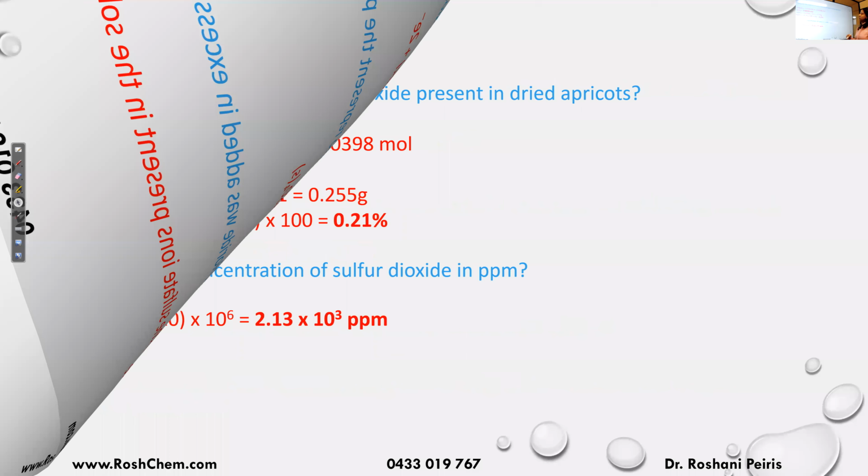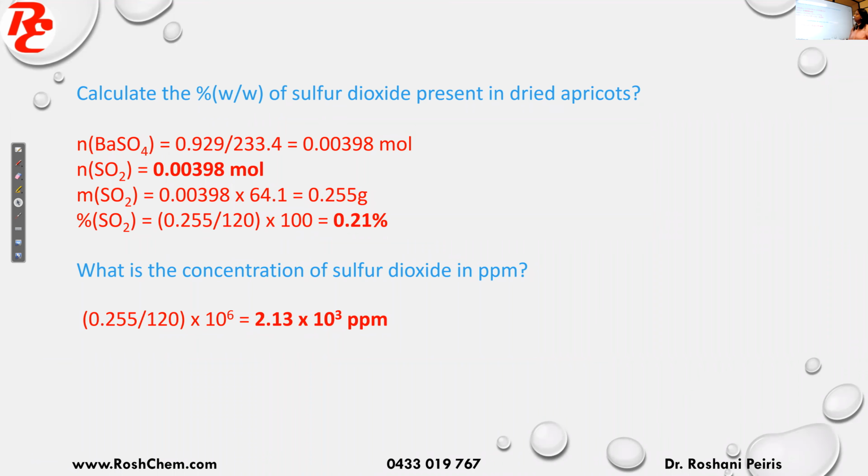Okay, calculate the percentage W to W, so weight to weight percentage, of sulfur dioxide present in dried apricots. The first step is to find the moles of barium sulfate, which was your precipitate. The mass of the precipitate was given, divide by the molar mass, so you can get the moles of the precipitate. Then what is the molar ratio? Asking for sulfur dioxide.